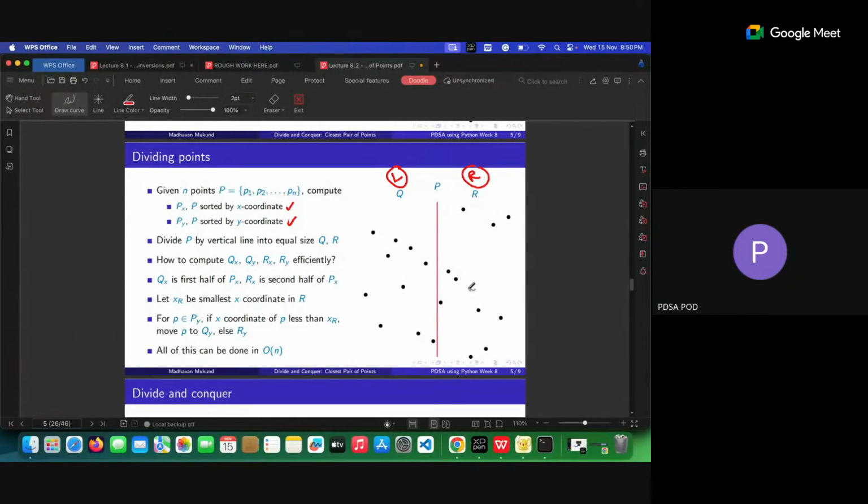Otherwise, we leave it in Ry only. So we compare the x coordinate with xr, move P to Qy, and otherwise it is left in Ry.